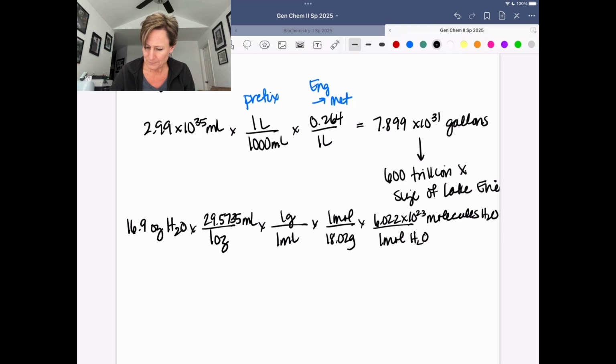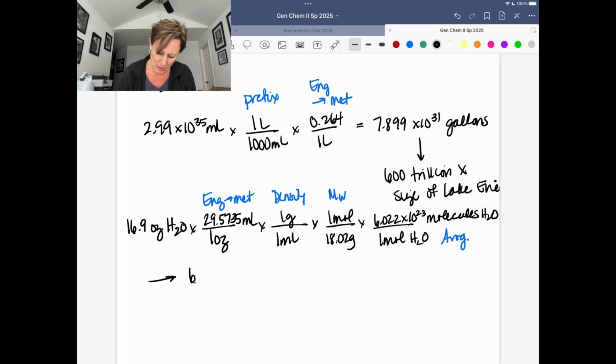Highlighting again, if you want a little practice on unit conversion, this is an English to metric. This is density. This is molecular weight. This is Avogadro's number. Some of those things you'd need to know, some of them you don't, but practice going through and doing this calculation. Go and do this calculation correctly.